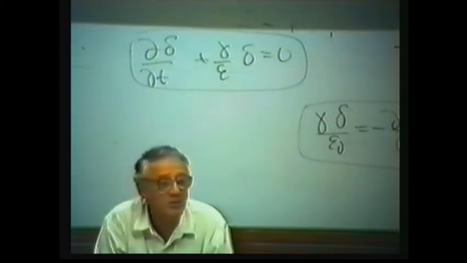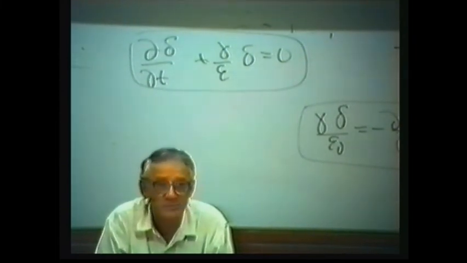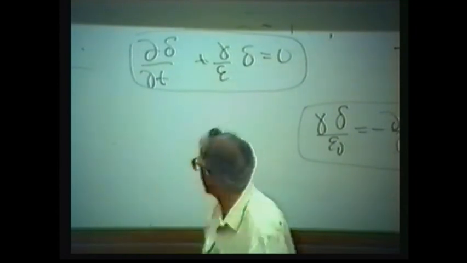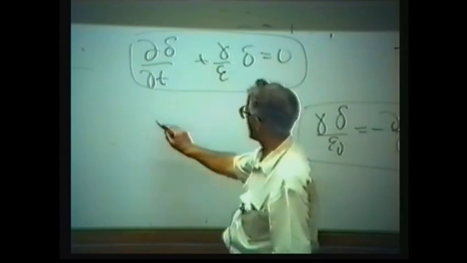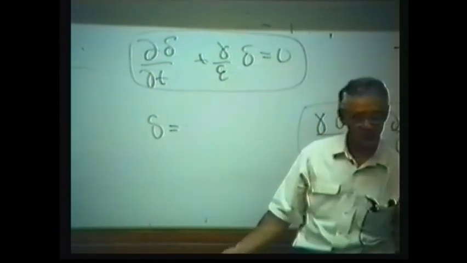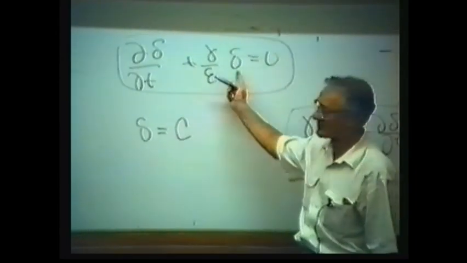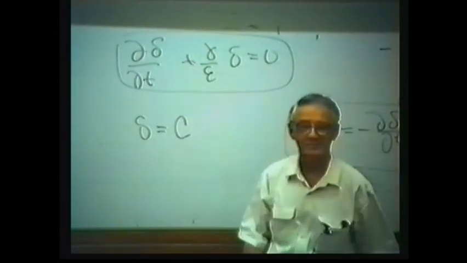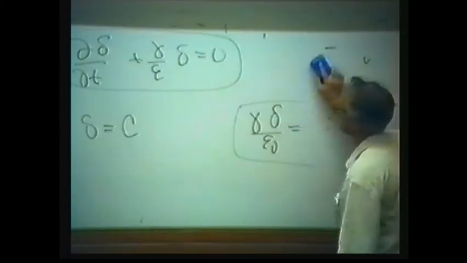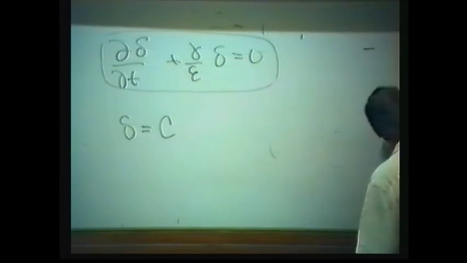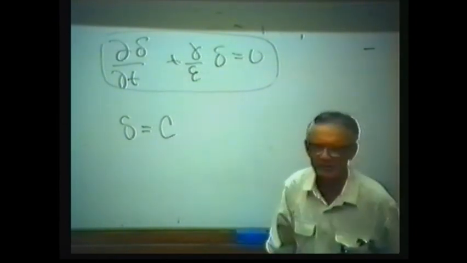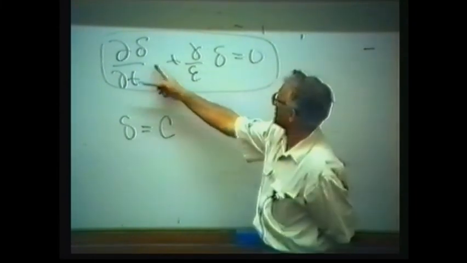First order. Do we know the solution of it? Mathematicians, where are mathematicians? Can you tell me what the solution of this equation is? Some constant, and then it's the first simplest example, but very important in understanding the field.